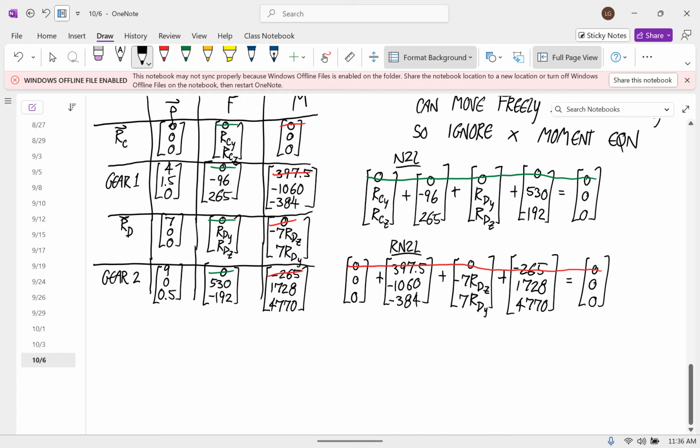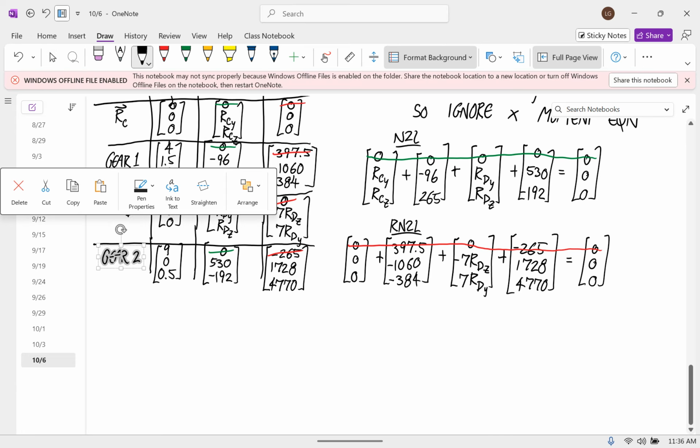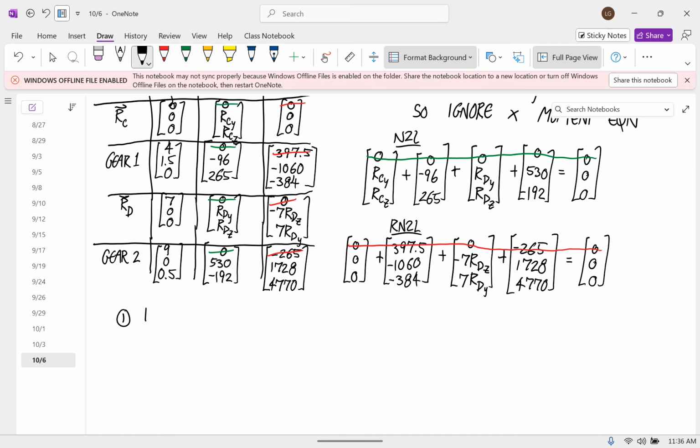And so now our equations, we just have 4 of them. They say RCY plus RDY is equal to negative 434.